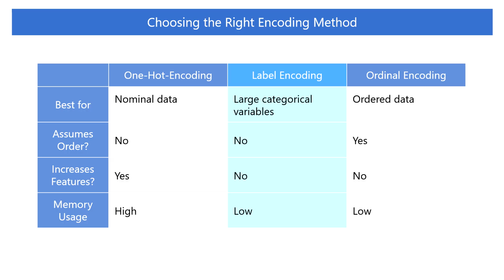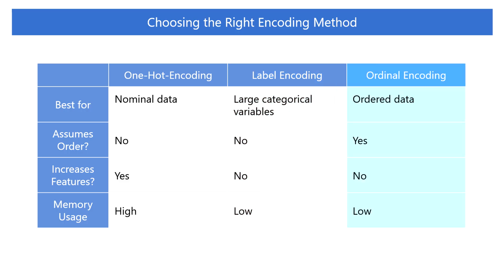It assigns numerical labels without assuming order and does not increase features. However, it may introduce bias if categories lack a true ranking. We can use label encoding when dealing with many categories, but only if model bias is not a concern.